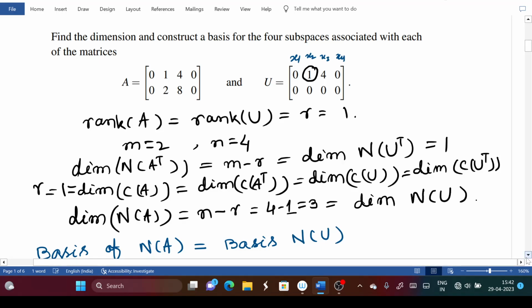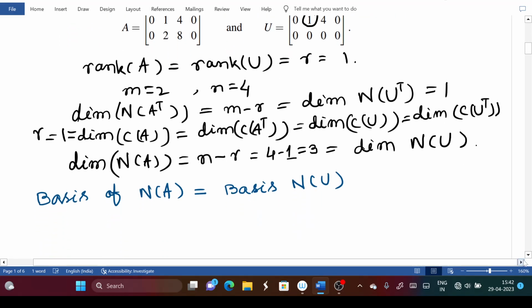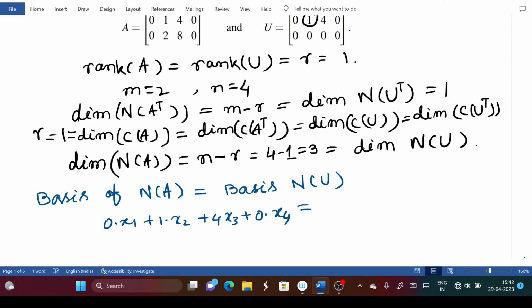So x2 is the pivot. So the relation is, on x1, x2, x3, x4: 0 into x1 plus 1 into x2 plus 4 into x3 plus 0 into x4 is equal to 0.